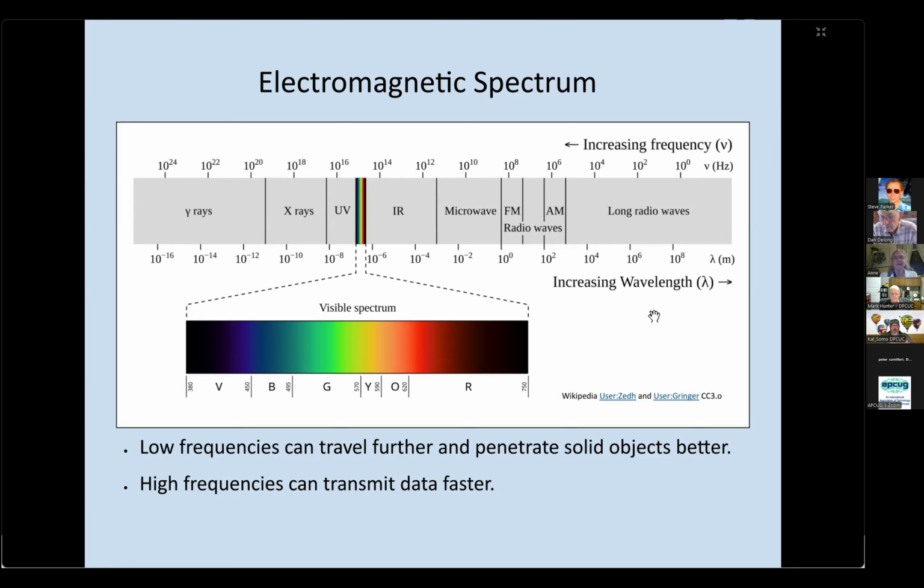Low frequencies travel further and penetrate solid objects better, that's why X-rays can, and high frequencies can transmit data faster. So that's why we have a lot of different products out there, depending on what you want to use them for.